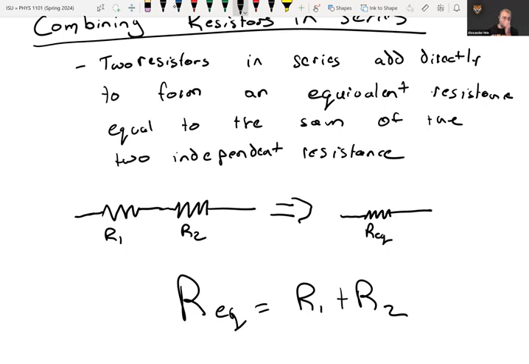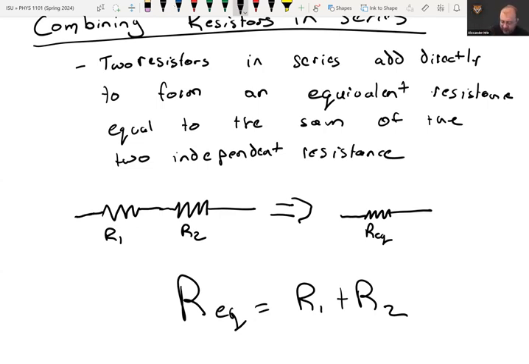This is a lot of times our method for simplifying circuits. We go around and combine resistors if they're in series or in parallel. We'll get to the rule for parallel in just a moment. We combine them and redraw the diagram in a simplified fashion, and a lot of times doing that can make the circuit easier to analyze. It's not the entire story, but this is something that happens.